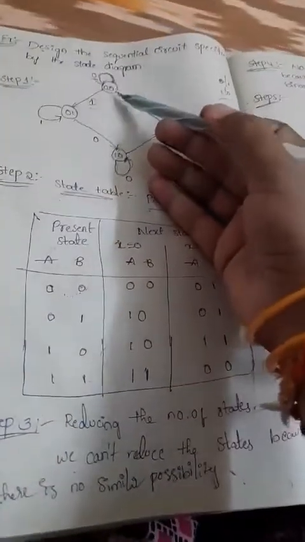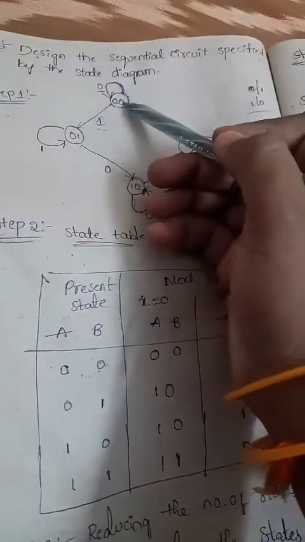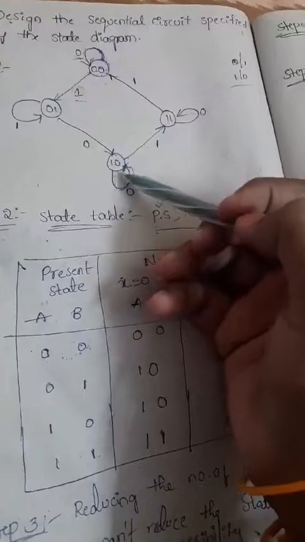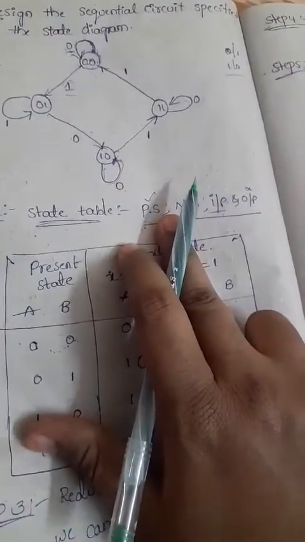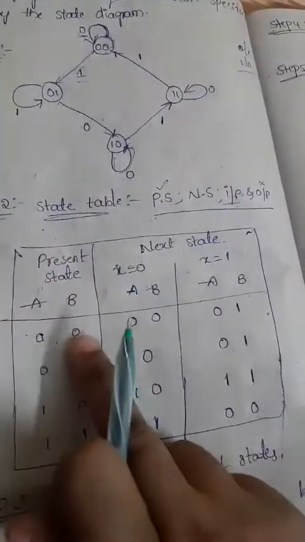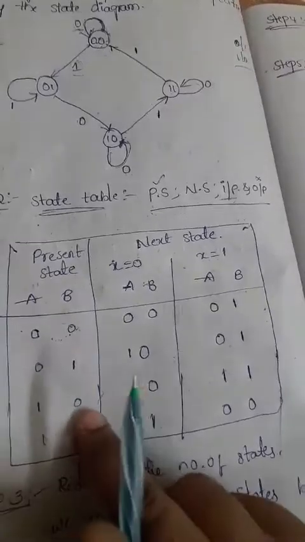How many flip-flops will be required? See here, each state, that means each circle, consists of 2 bits of information. So directly we can say that 2 flip-flops will be required. The present state information consists of 2 bits: 00, 01, 10, 11.